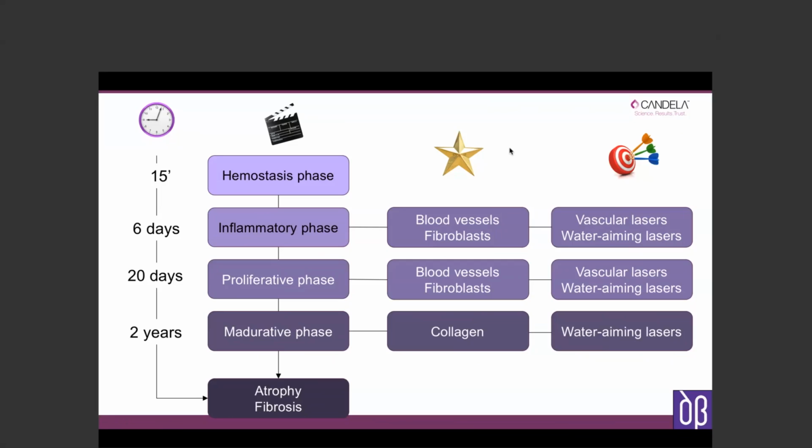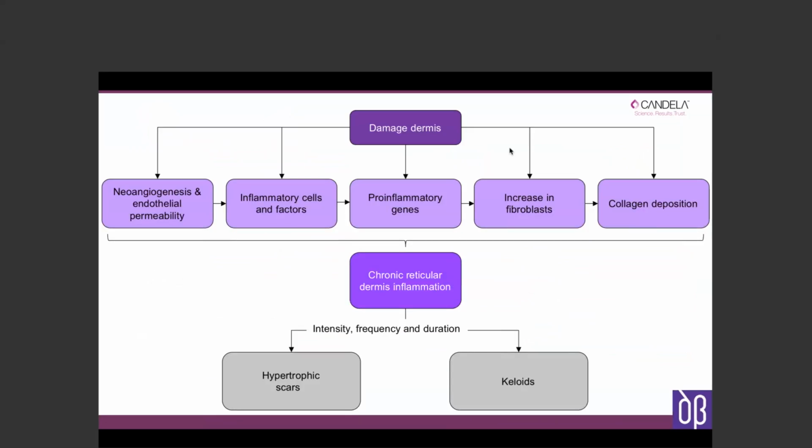For the blood vessels, we can use vascular devices, and for the fibroblasts, we can use lasers that target water, that warm the skin, and then improve the collagen production. We're going to take a deeper look at this flow chart in the next slide.